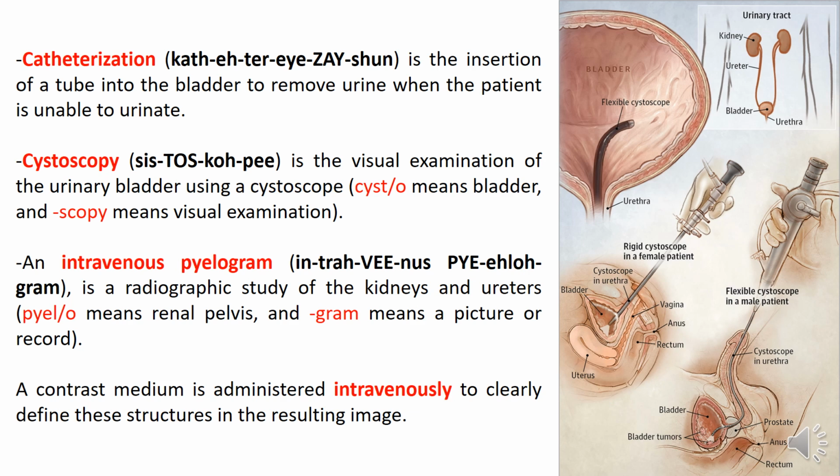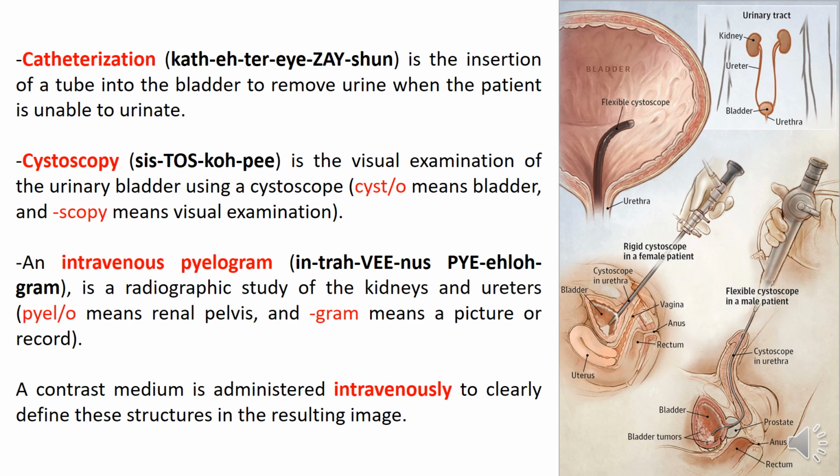The intravenous pyelogram. Intravenous means through the vessels. Pyelo means renal pelvis. Gram means picturing or recording. So, as its name indicates, it's the use of radiographic material to see the renal pelvis.